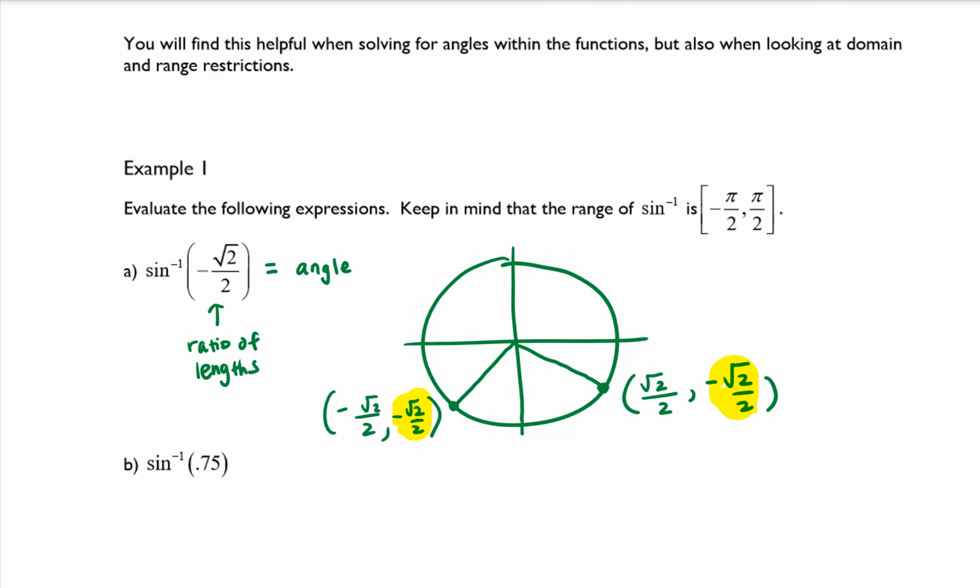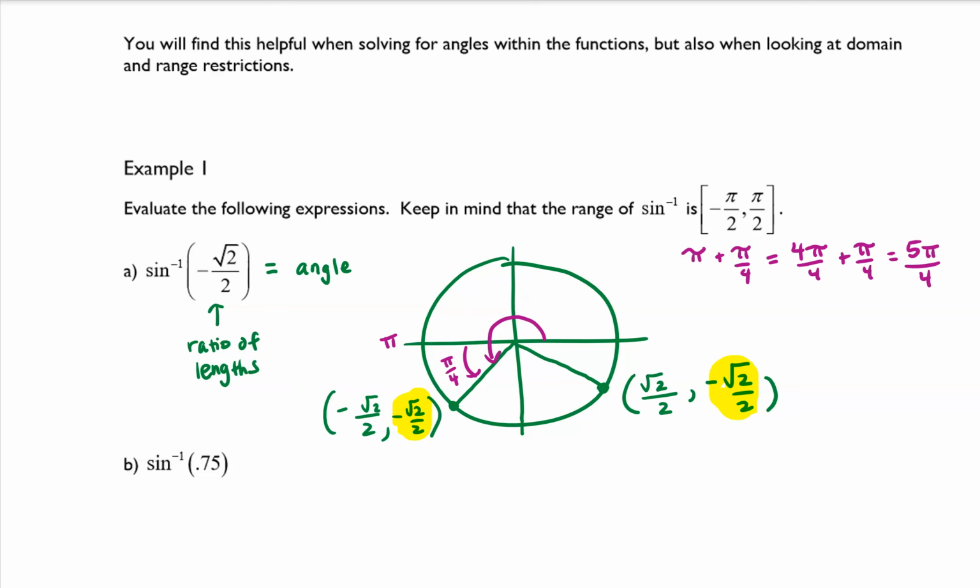So those two angles are this first angle, which would be, well, the reference angle here is pi over 4, and then this is pi, so it would be pi plus pi over 4, which is equal to 4 pi over 4 plus pi over 4, which is equal to 5 pi over 4.